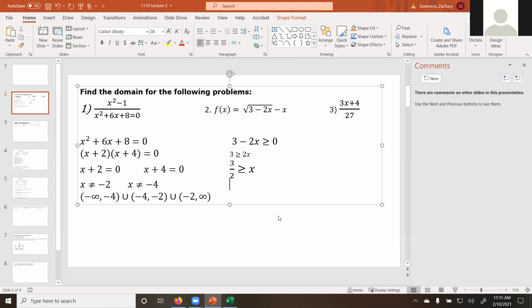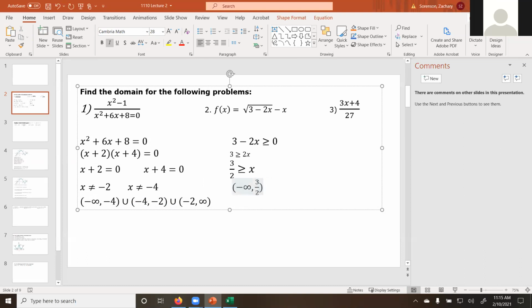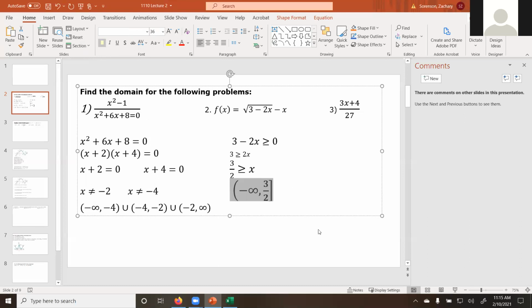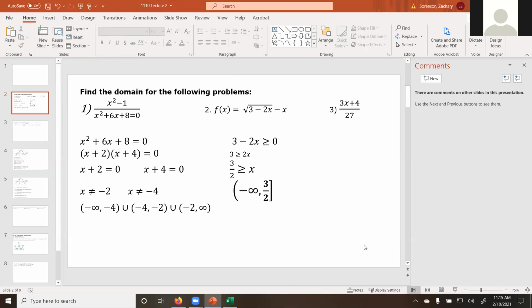So would it be negative infinity, comma 3/2, and then a closed bracket on that? Yep, we put a bracket there because x can be equal to 3/2, and then we're describing everything less than 3/2. So negative infinity up to 3/2.